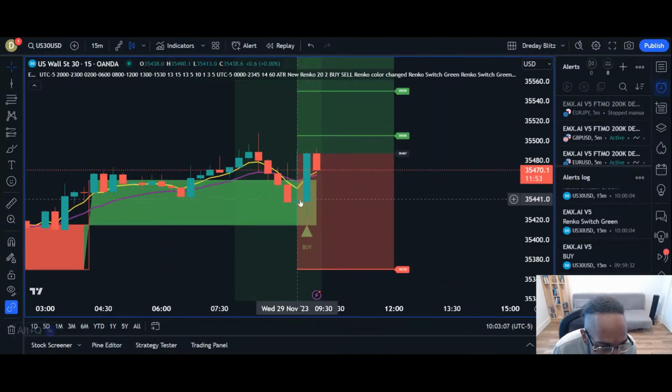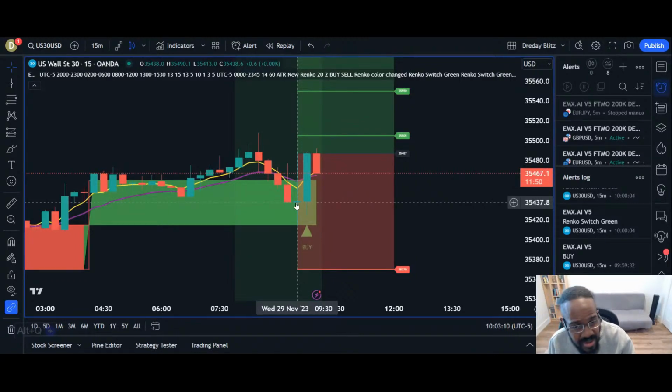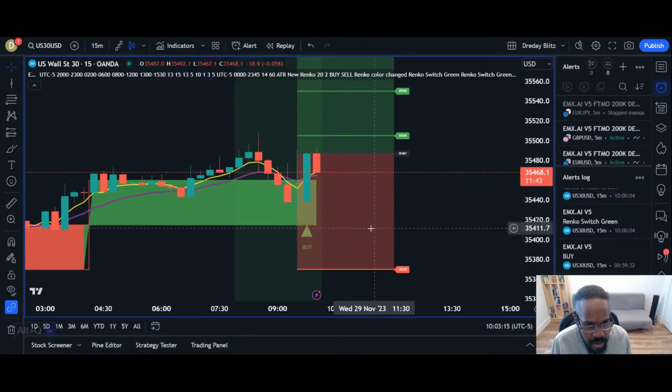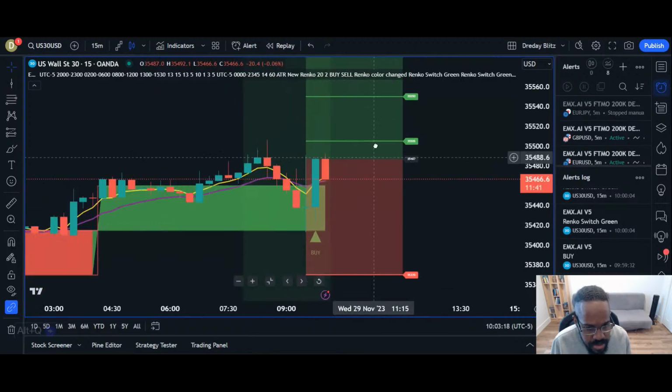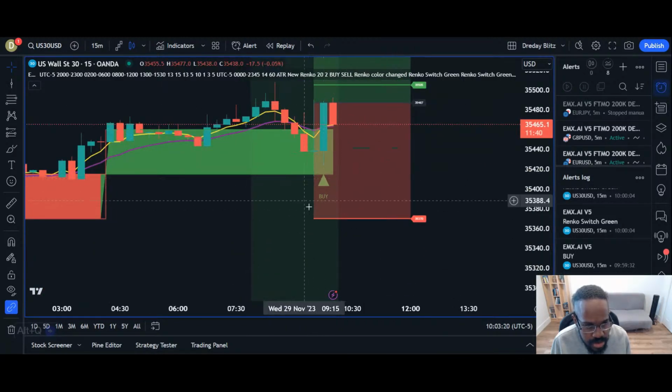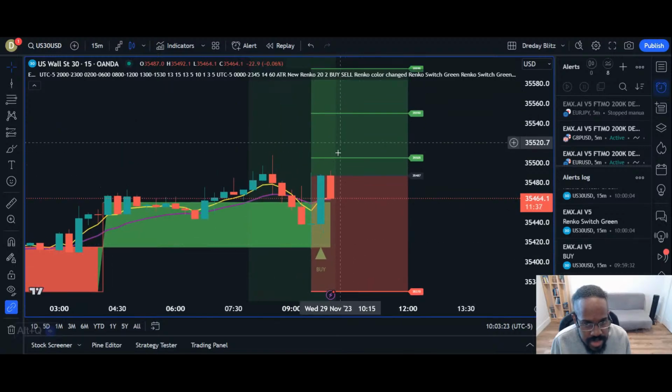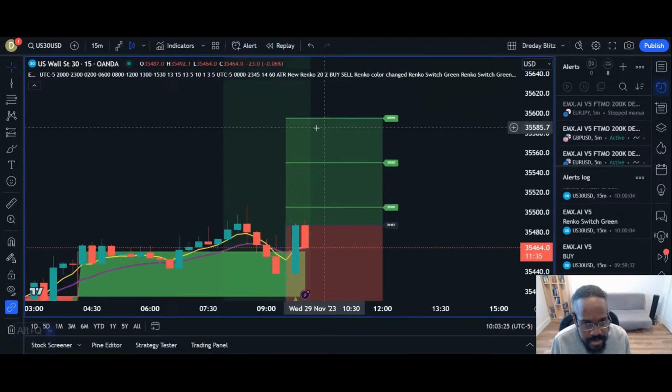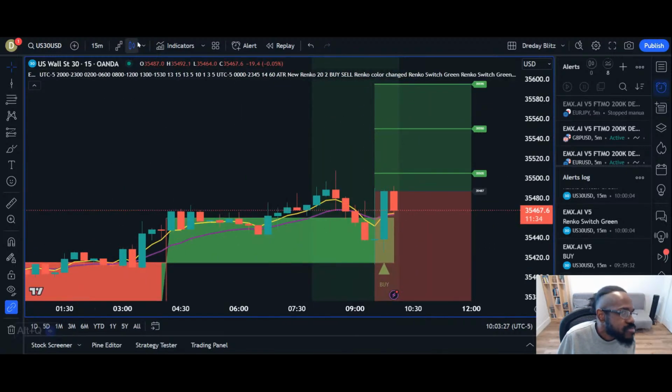So the buy came in at 9:45. Okay. So same principle. You have your stop loss. TP zones is right here. So it's all connected here.